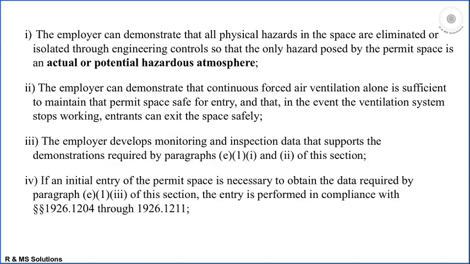Of course, if you have to make an initial entry in order to classify as alternate entry, then you'd have to go by the standard under paragraphs 1204 through 1211, meaning a permit, having an entrant, attendant, entry supervisor, the whole kit and caboodle. So, in my opinion, in most cases, if you have to make an entry, it's going to have to be a permit required entry in that space. If you can classify from outside the space, then perfect, and maybe you can still do an alternate entry.